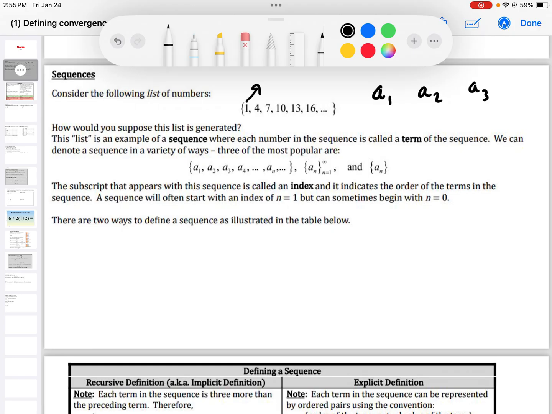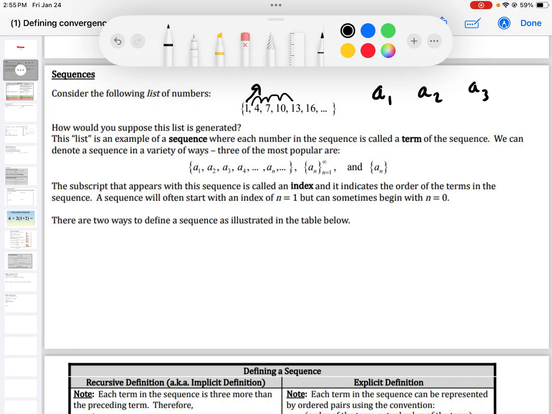The next term would be A sub 2. Next term, A sub 3, on and on and on. And I can say the nth term would be A sub n. And I've got the squiggly braces to represent it's a sequence of numbers. And this one, you can probably tell, I started at a number, and each time I add 3 to the previous term to get to the next one, just adding 3.